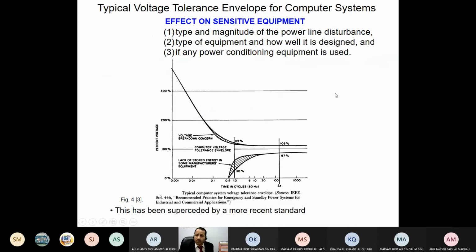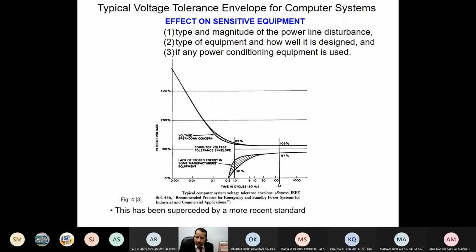Now, how we control and mitigate the effect of these disturbances depends on 3 important points we need to consider. The first point is the type of the disturbance, and its magnitude also. What is the magnitude of the disturbance, after we know what the disturbance is. The second issue is the equipment themselves.